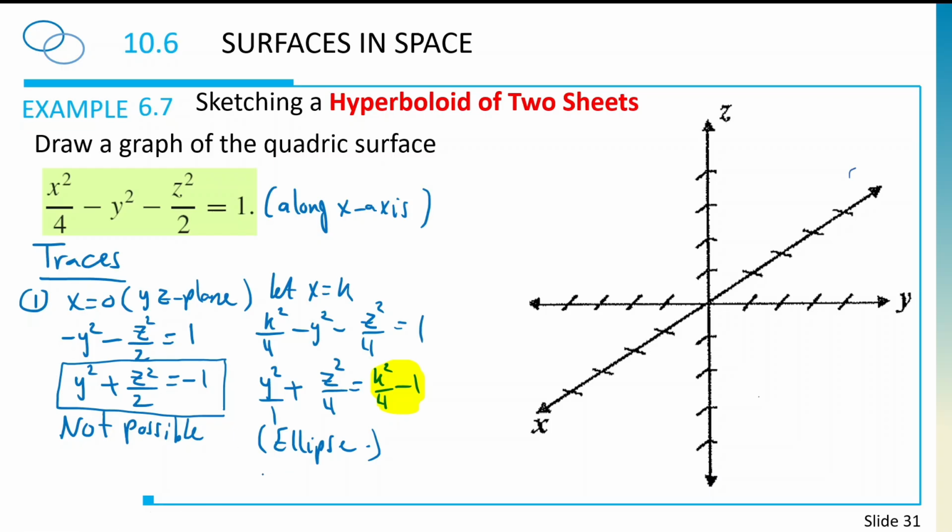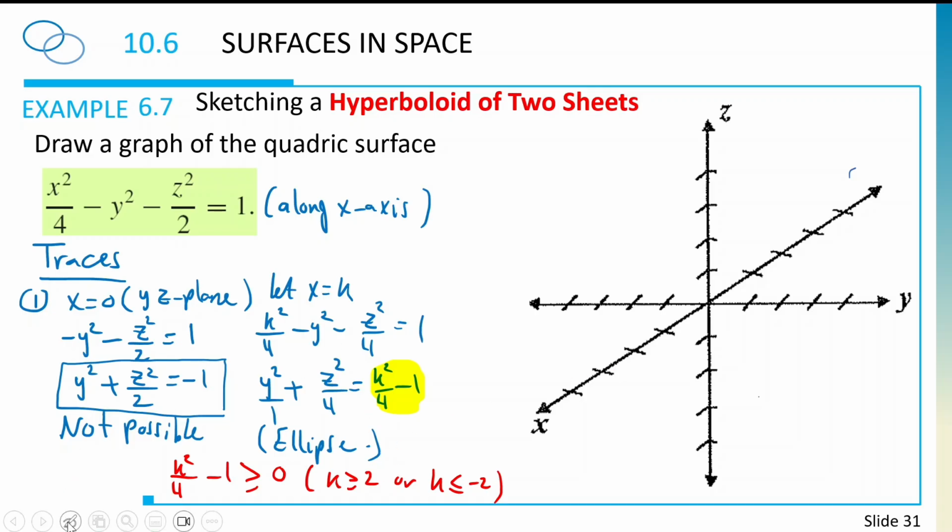So if I consider k squared over 4 minus 1 to be greater than or equal to 0, that means k should be greater than or equal to 2 or k less than or equal to negative 2. Okay, so it's an ellipse, but there's a gap. It's only greater than 2, less than negative 2. So there's nothing in between.